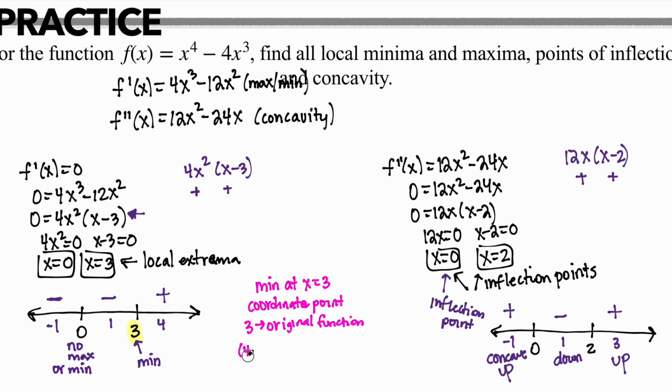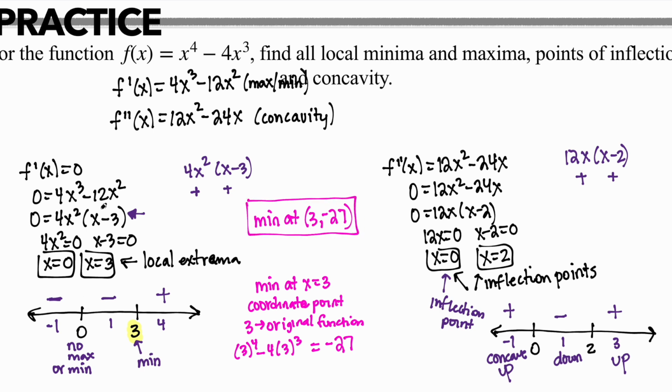So if I take my original function and I plug in 3, I will get -27. So I could say that there is a minimum at the point 3, -27.